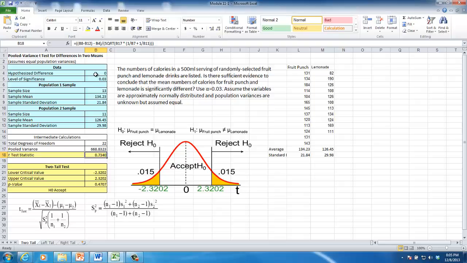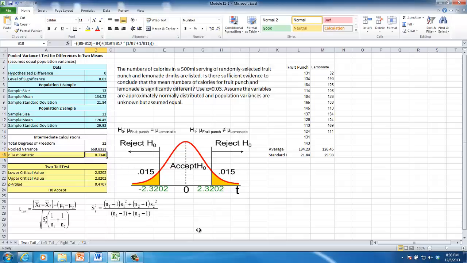Again, the difference, most of the time, if it doesn't say in the problem, is 0. Divided by the square root of pooled variance, which is B17, times 1 divided by sample size 1, B7, plus 1 divided by sample size 2.